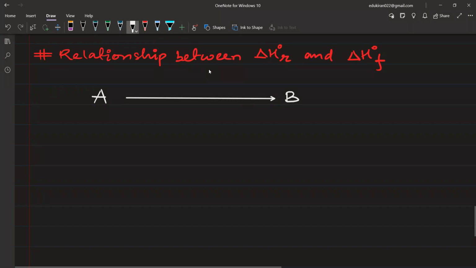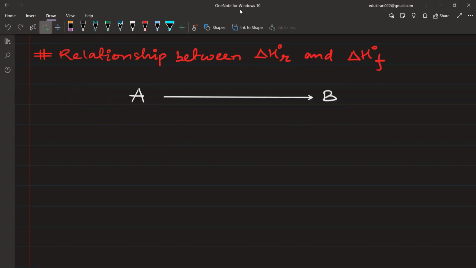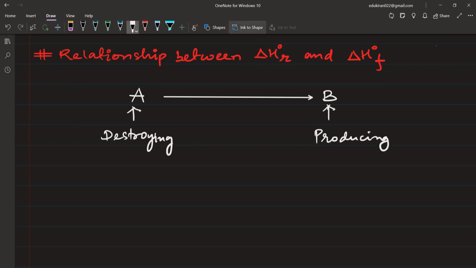क्या हम लोग ऐसा कह सकते हैं? Can we say that we are doing two things? What we are doing? We are destroying A and we are forming or producing or creating, कुछ भी कर दीजिए, ठीक है, producing B. ऐसा बोल सकते हैं, क्योंकि आप बताइए, when this reaction will be completely over, A तो कुछ बचेगा नहीं.